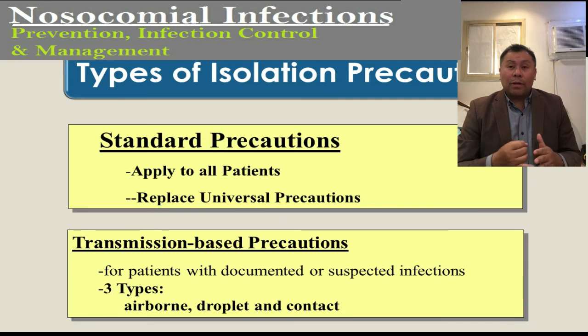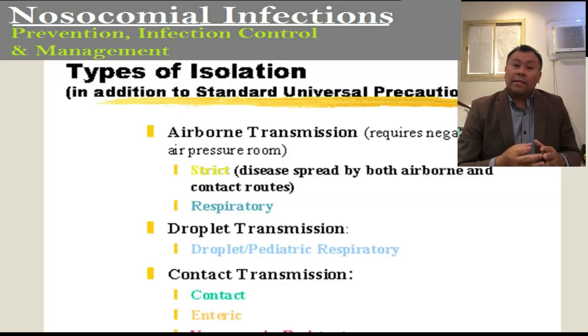We have the standard precaution, applicable to all patients, which replaces universal precautions. We have the transmission-based precaution, for patients with documented or suspected infections. The three types are airborne, droplet, and contact.